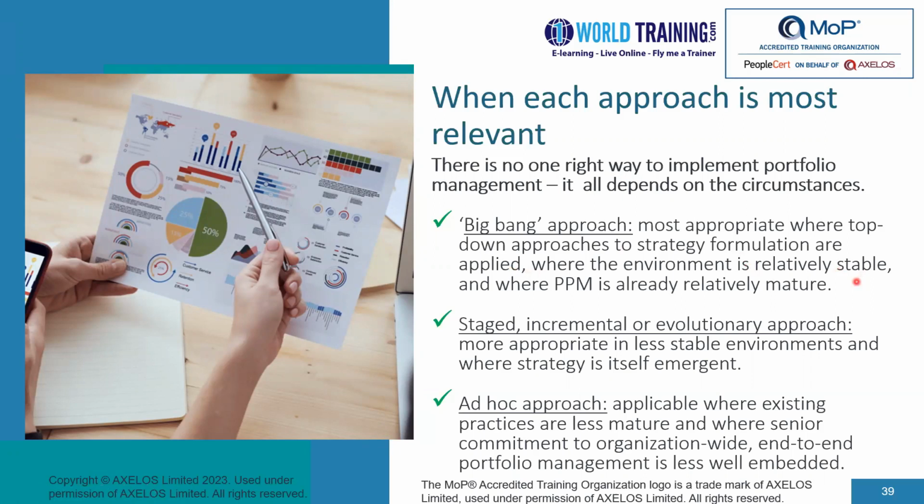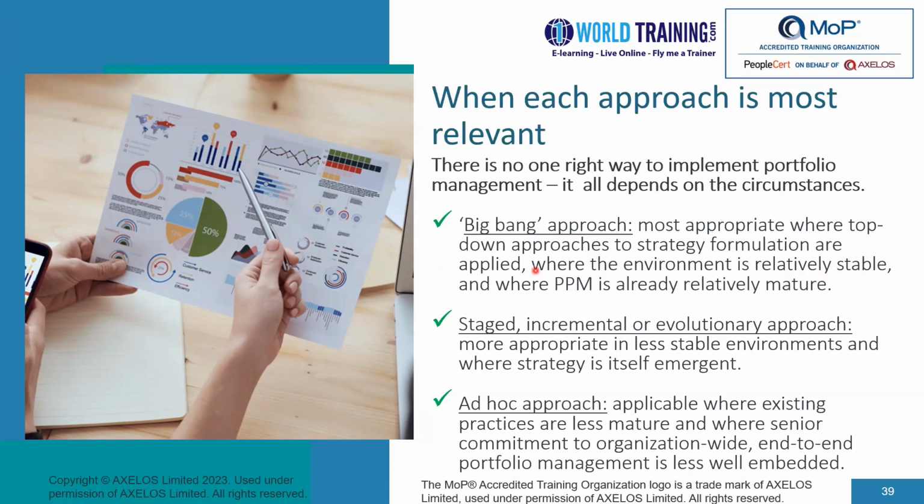So in a context of stability, you could use Big Bang approach, and also in the context of project and program management capabilities being relatively more mature. So when you have good program and project management capabilities, when you have a stable strategic environment, you could think about using a Big Bang approach.